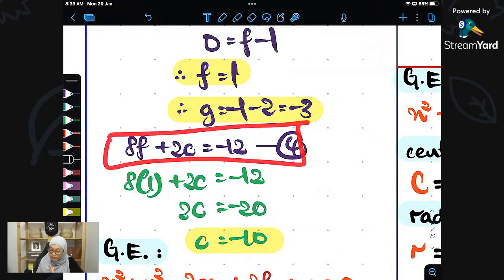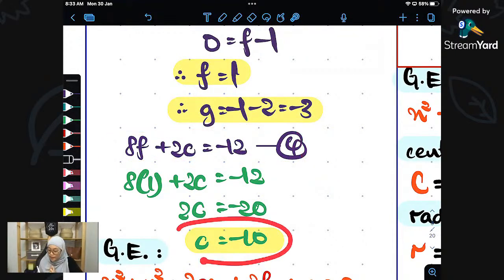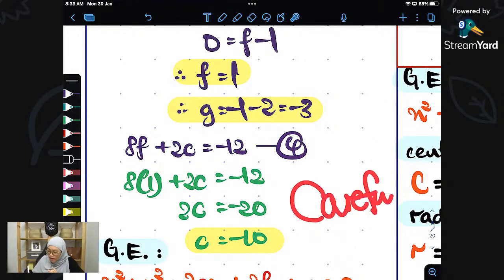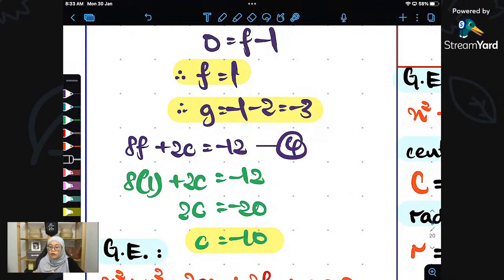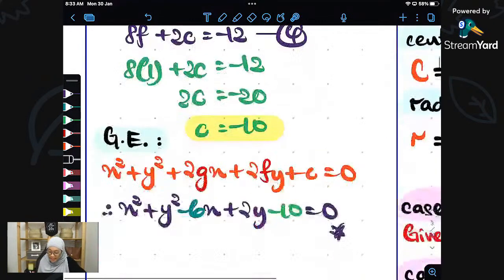Whatever equation you use, you will get the same value for C, provided the equation is correct. So you must be extra careful, because it is easy to make careless mistakes. In order to make fewer careless mistakes, repeat and practice a lot. Okay, that will help you.